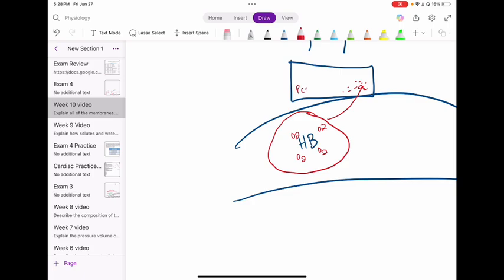As for carbon dioxide, it will build up in the cell. And it will build up in the capillary.